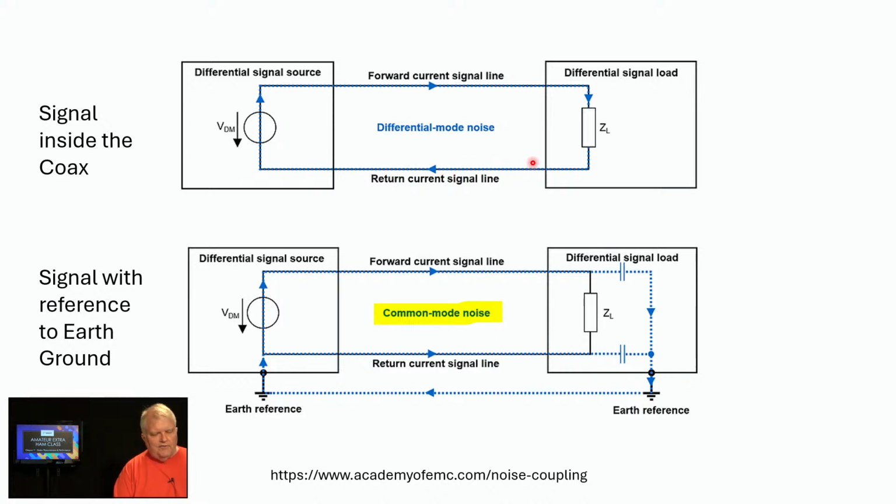Or in a coax, if a current is going one way on the center, it's going the other way on the shield. Common mode signals are with reference to earth ground. So common mode signals on that same coax would be signals going from here down to ground, or from here down to ground. Those are known as common mode.